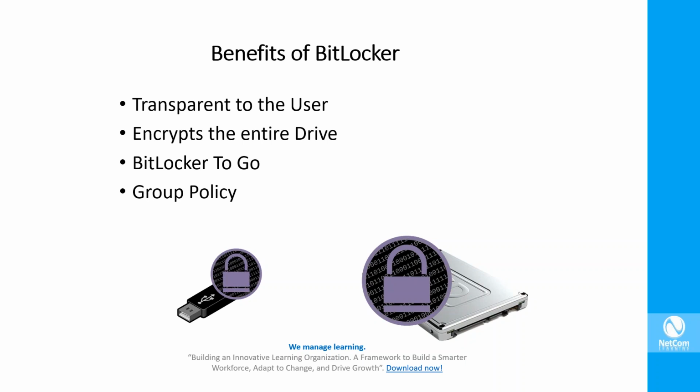Now, for those of you who have done drive encryption before on Windows computers, you might be familiar with EFS. All right? EFS is still available in all versions of Windows desktops and servers, but that normally encrypts only on a file or folder level. BitLocker encryption protects the whole hard drive.